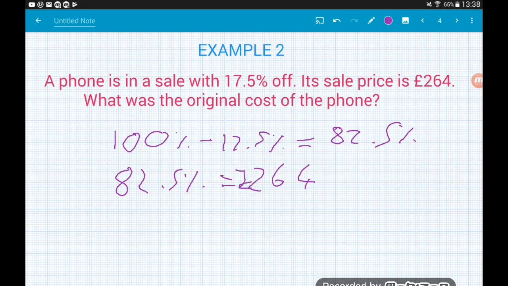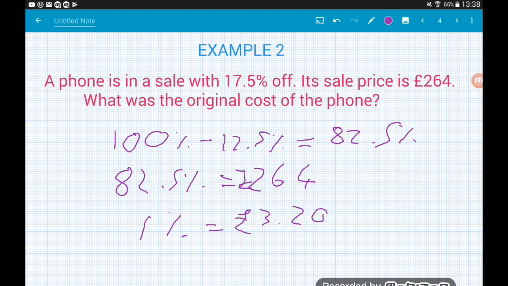So, using the exact same tactic we've used in the last two questions, we go to find 1%. To get 1% from 82.5%, we divide both sides by 82.5. If you smash that into your calculator, 264 divided by 82.5 will give you £3.20.